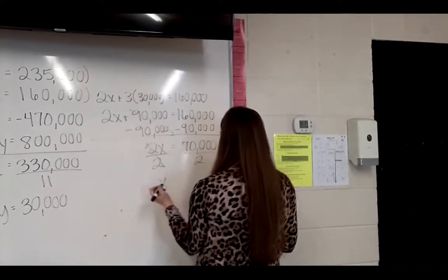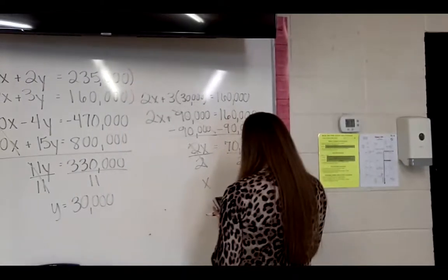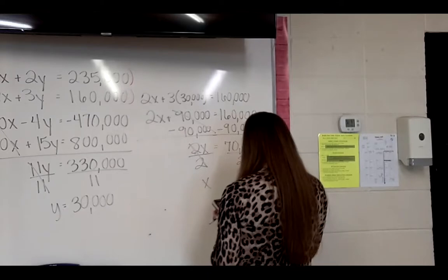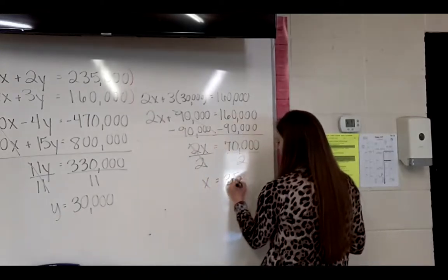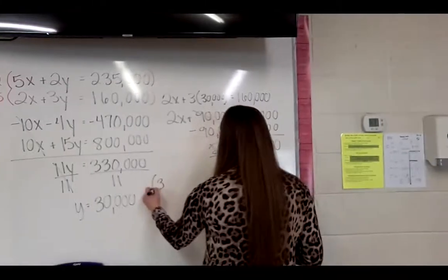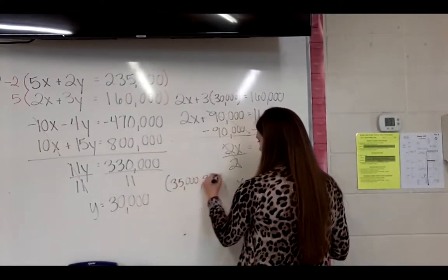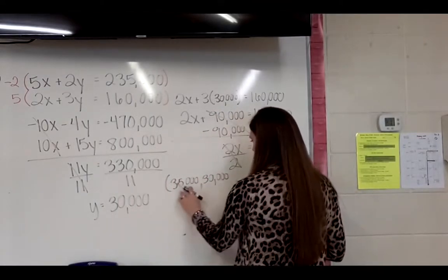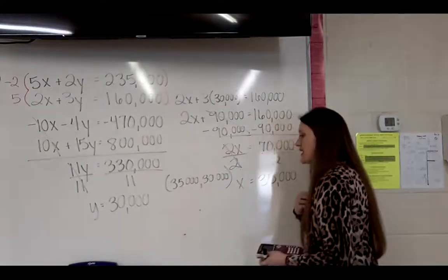So that should, if I'm not mistaken, come out to 35,000. Yeah, I was right. Couldn't remember if it was 3,500 or 35,000. So my solution is the point 35,000, 30,000. It's a lot of commas in there. I just won't put them on this. There we go. So 35,000 and 30,000.